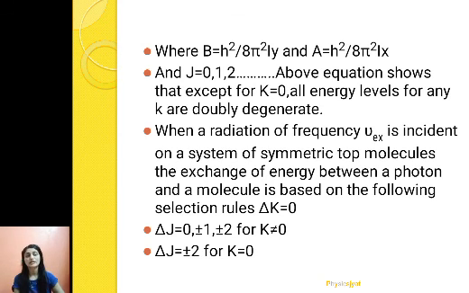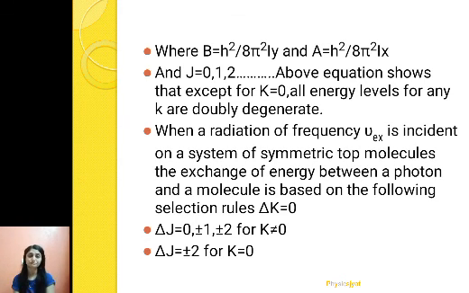Now when radiation of frequency nu ex, suppose nu excitation, the incident frequency, is made incident on a system of symmetric top molecules, there will be an exchange of energy between a photon, because radiation consists of photons, and the molecule, based on the selection rules.